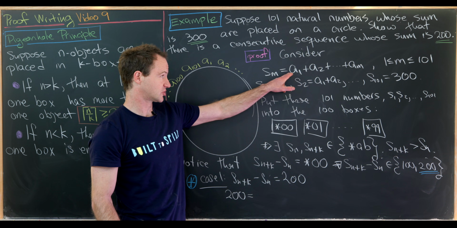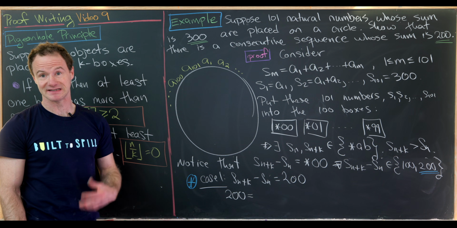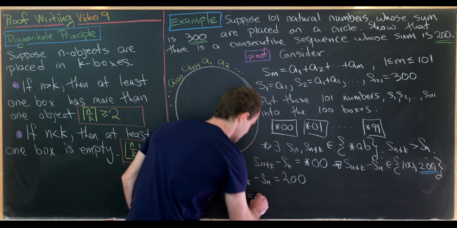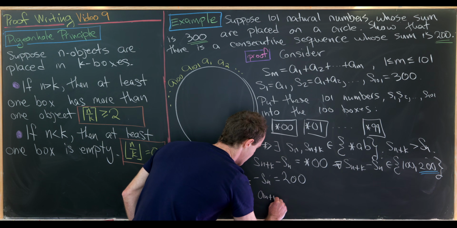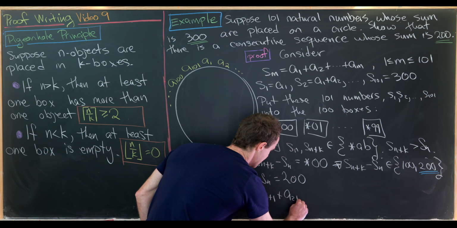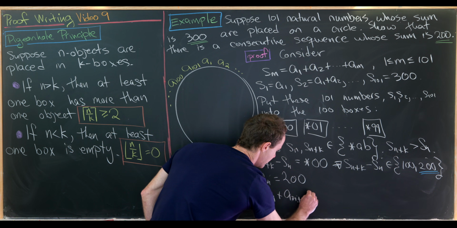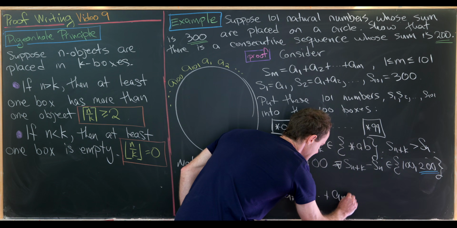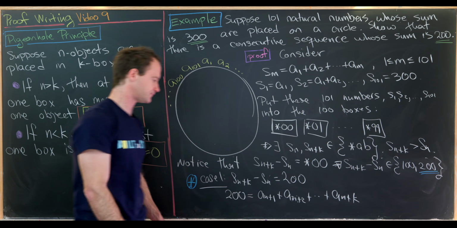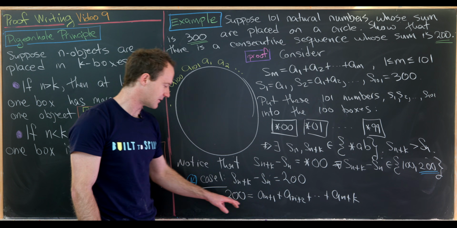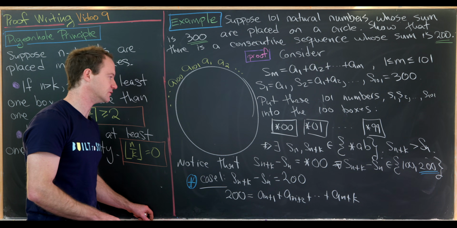By the partial sum definition of these S's, that gives us a_{n+1} plus a_{n+2} plus all the way up to a_{n+k}. In other words, we have consecutive numbers along this circle that add up to 200.